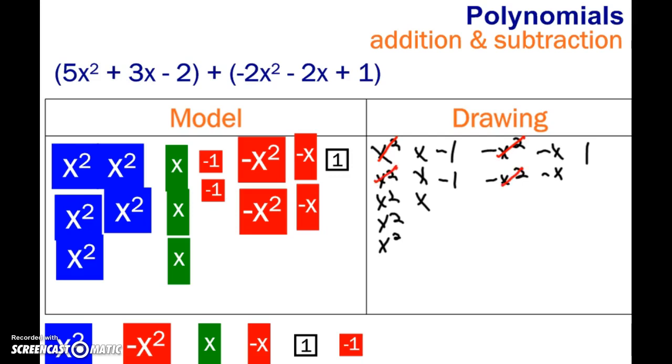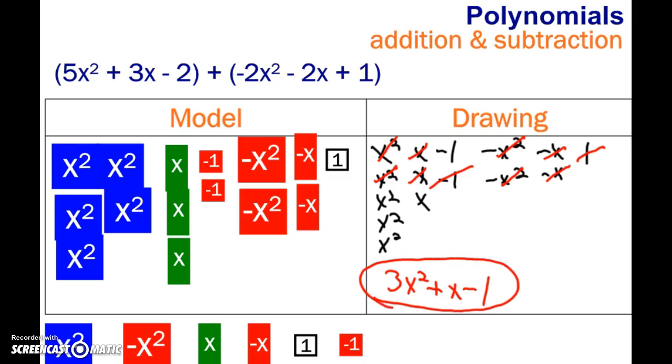I do that the same with my x's. And then what I have left is my answer. Oh, I forgot. I do that with one of the ones as well. So I end up with 3x squared plus x minus 1 being my answer. That's all there is to it.